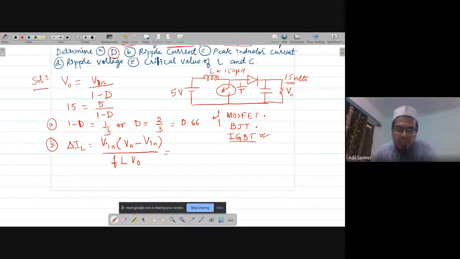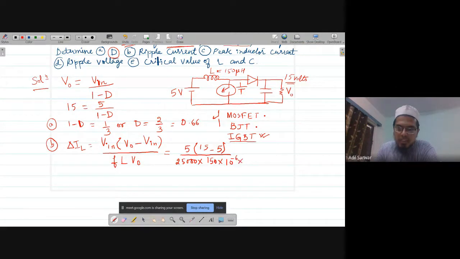So if I put in the values here, what will I get? I will just write down here 5 times 15 minus 5 divided by 25,000, which is the frequency, and then L is 150 into 10 to the power minus 6.